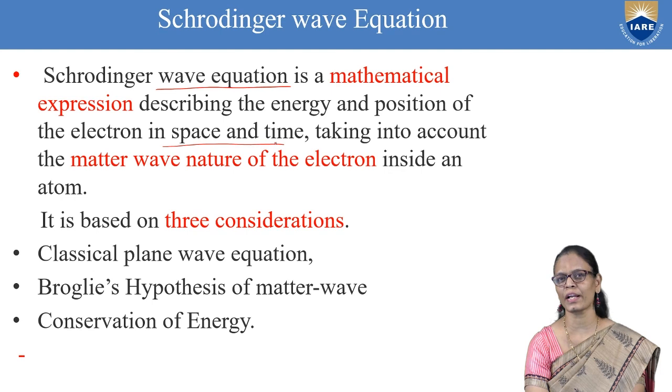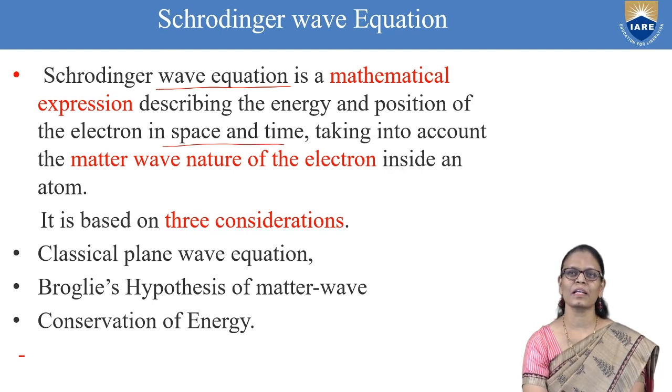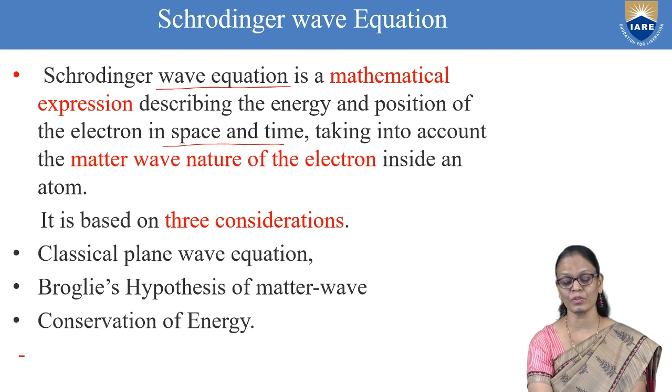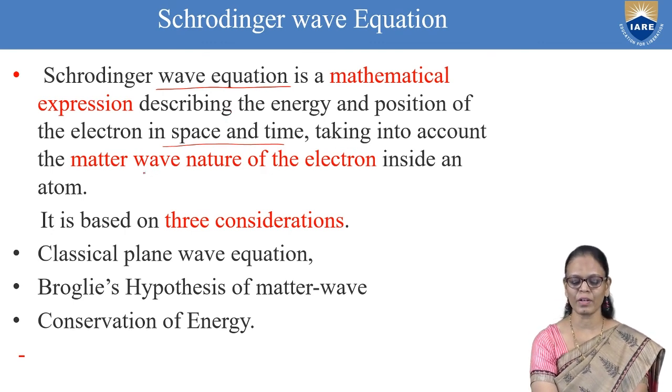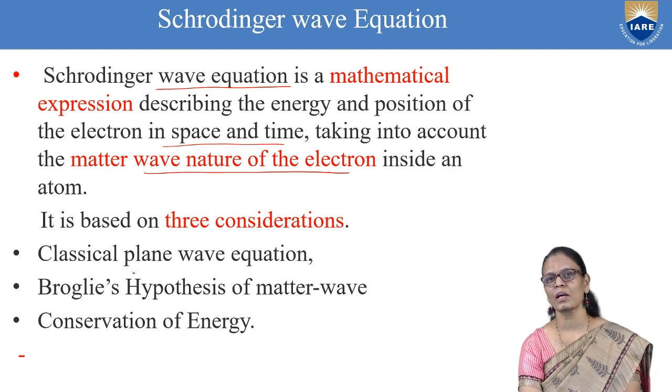If you have to find where the particle is at a particular time in space, and if you have to talk about its energy and position, then you need an equation. And here we have to take into account the wave nature of the electron.